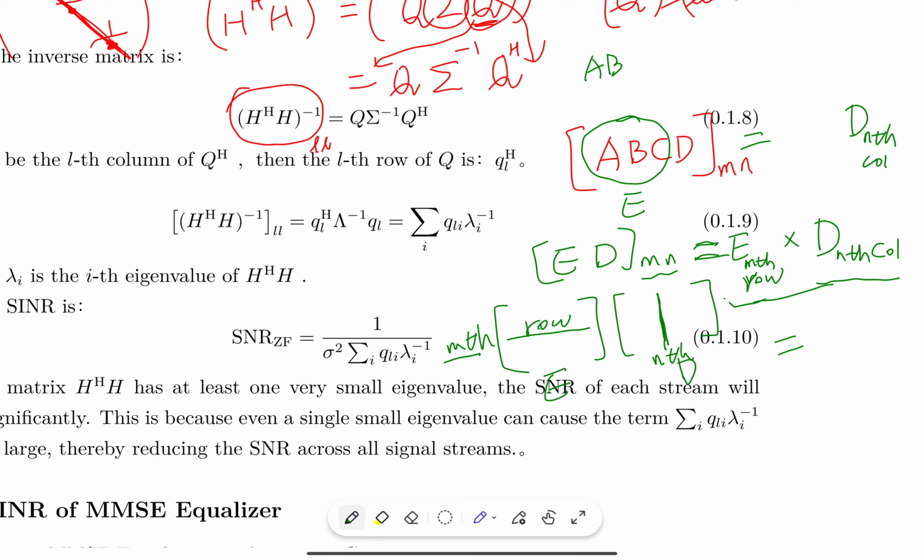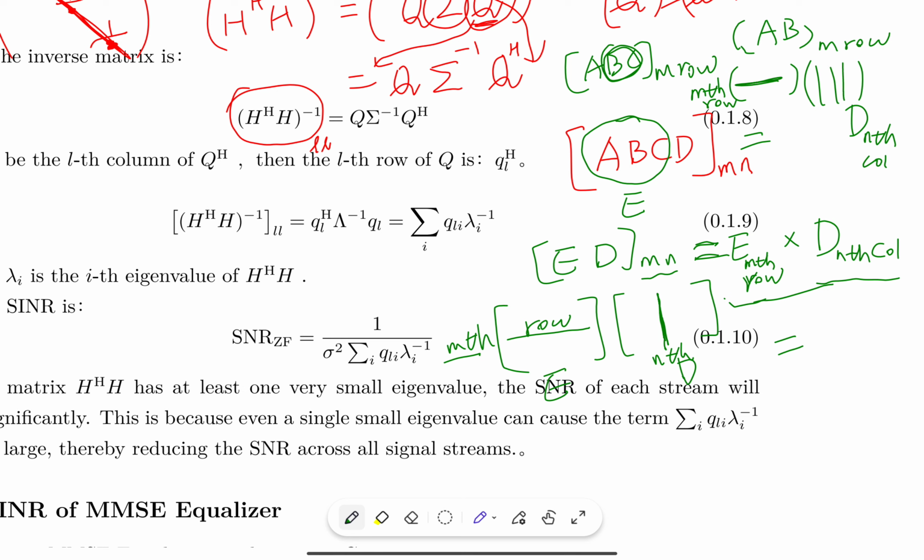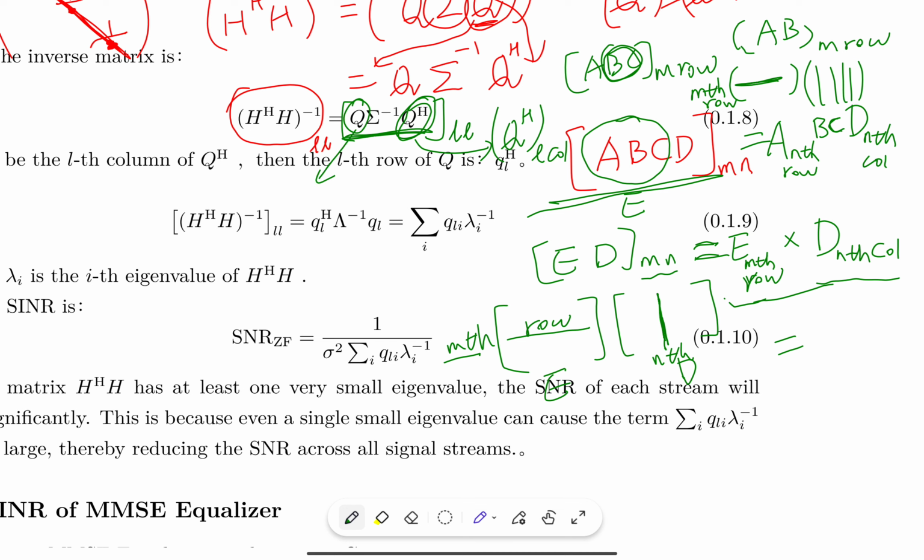So we want to get the mth row of ABC. If we have two matrices, such as AB, and we want the mth row, we use A's mth row times each column of B. So we can write this as A's mth row and use the whole B and C. So for this one, we want to get the L. We need to use QH's L-th column and Q's L-th row.